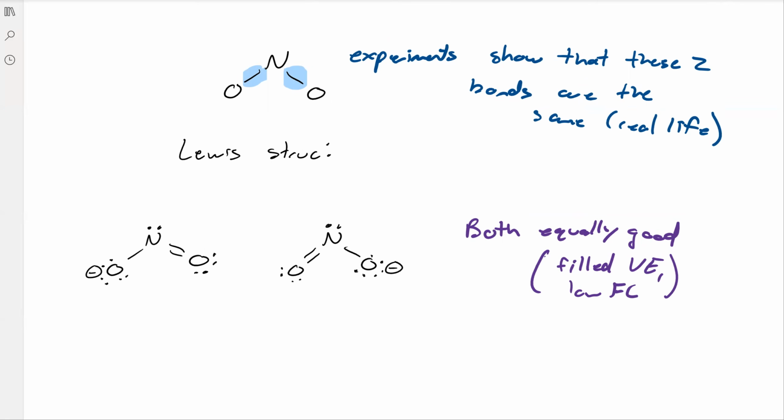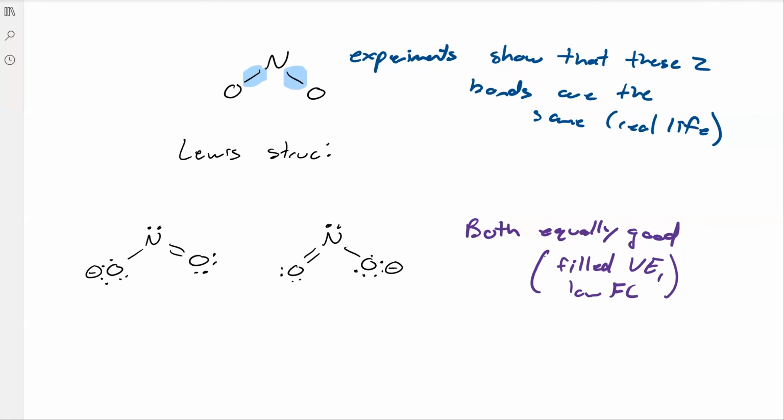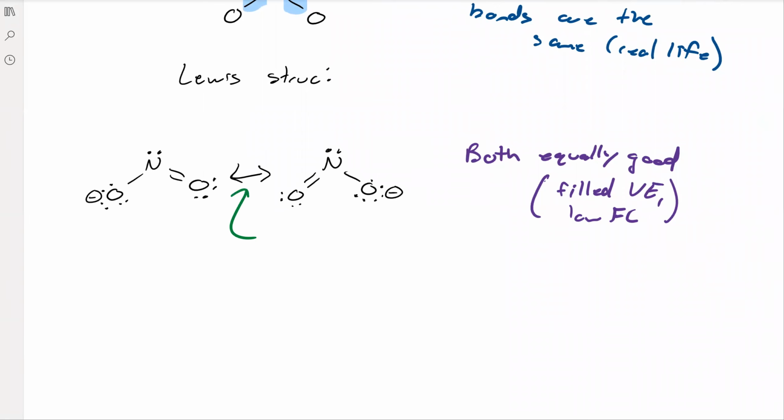And so what we do when we draw Lewis structures, whenever we draw equally good Lewis structures, we say that the real one is a hybrid of the two. So then we add this little arrow, and this is a resonance arrow. The two structures together would be called a resonance hybrid.